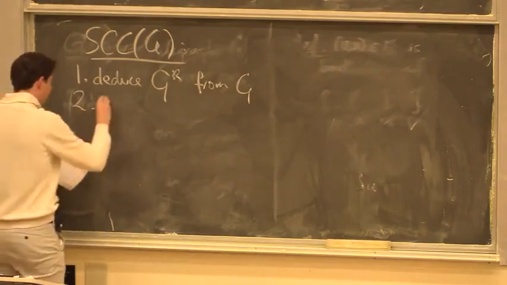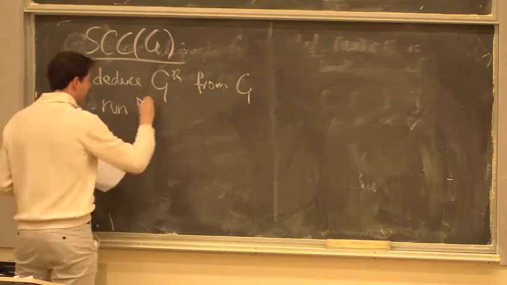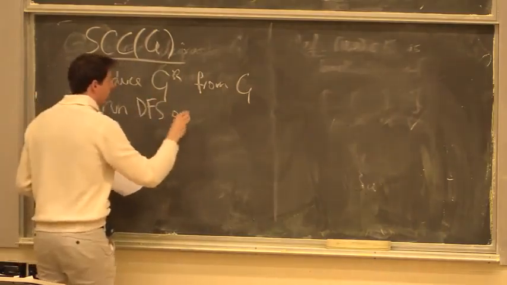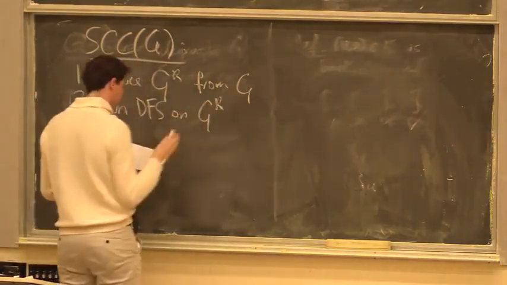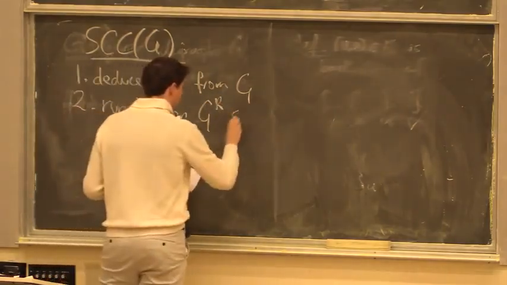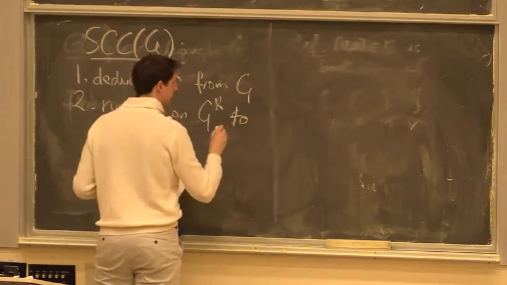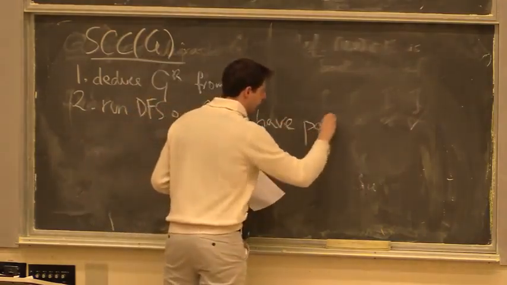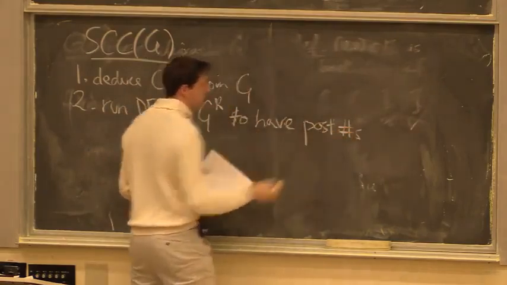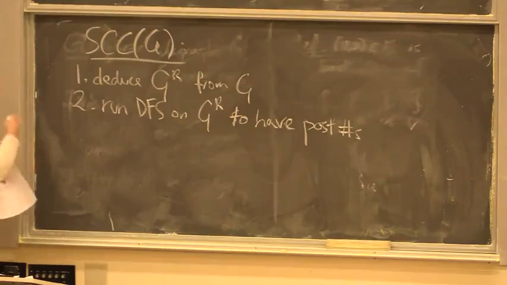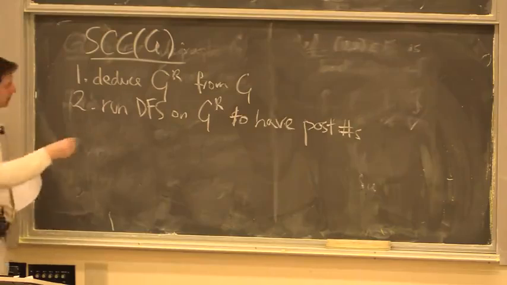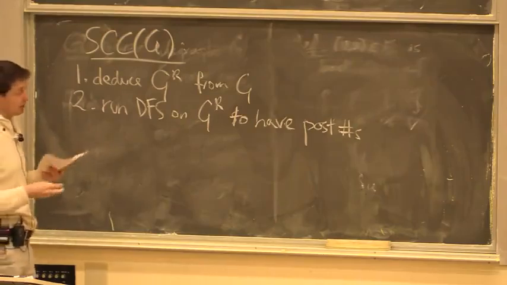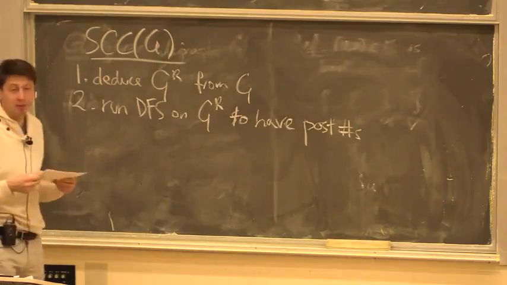Then we're going to run DFS on G to the R to have the post numbers. Okay, so by running DFS, it spits out all of these numbers, and you actually spit them out in order.